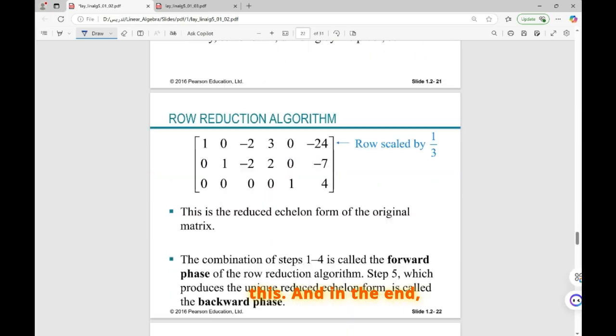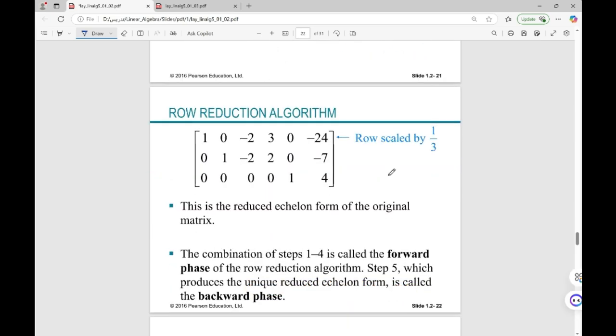And in the end, over here, you have this matrix, which is in the reduced echelon form. Each value in a pivot position is 1, and values below and above pivot positions are 0. You see, right? And this column corresponds to right side value.